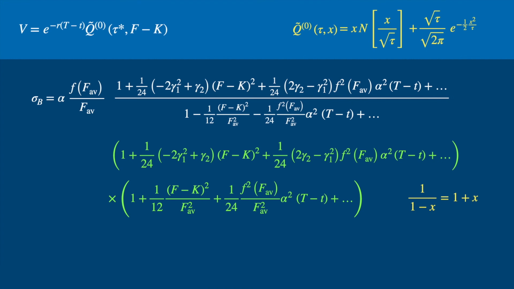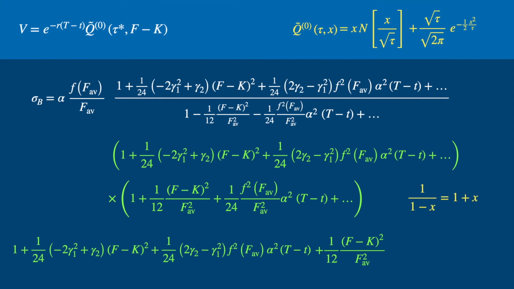Let's do term by term multiplication, ignoring terms higher than second order in f minus k, and terms higher than first order in capital T minus t. Multiplying the terms in the first set of brackets by 1, we just get the first set of terms. Multiplying by the second term, we will only get one term because the other terms will be of higher order, so don't feature in our approximation. And same goes for the multiplication by the last term.